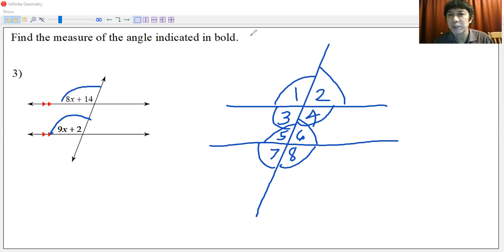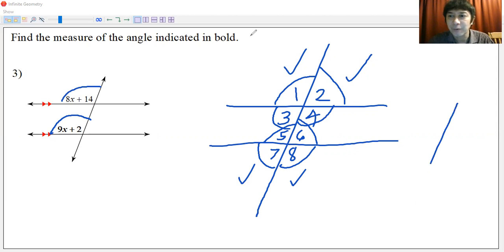Okay, you can see angle 1, angle 2, angle 7, angle 8. These are called external or exterior angles. Okay, and then the remaining angles 3, 4, 5, 6 are called interior angles. So the definition of corresponding: one exterior, one interior on the same side of the transversal.